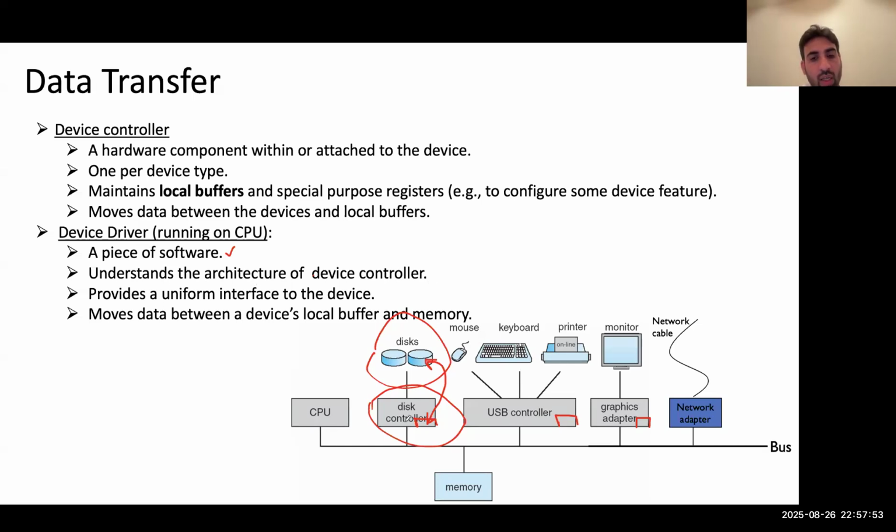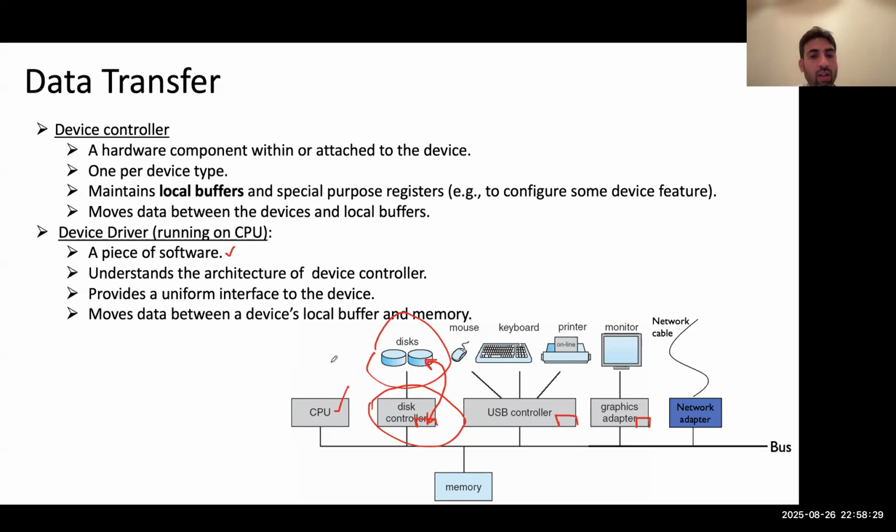So if you have a device driver for a disk running on the CPU, it will know what the different registers in the disk controller are, and in which particular register it needs to write to start a data transfer from a particular address in the disk, right?